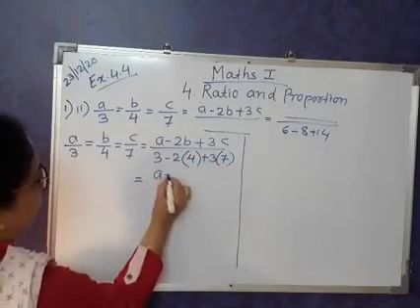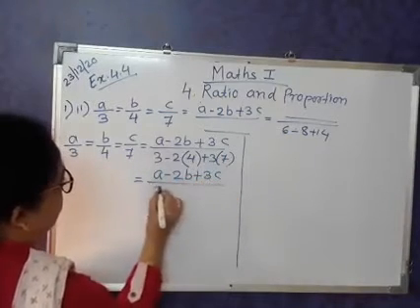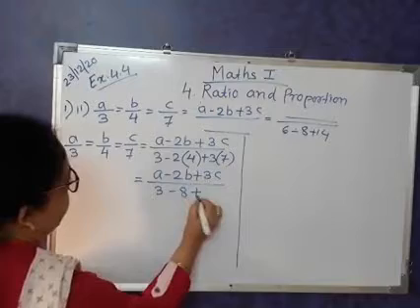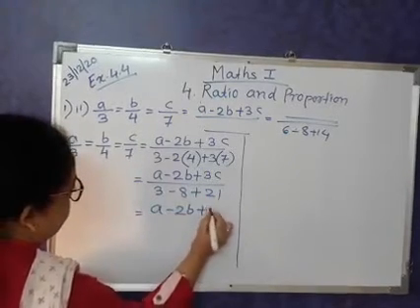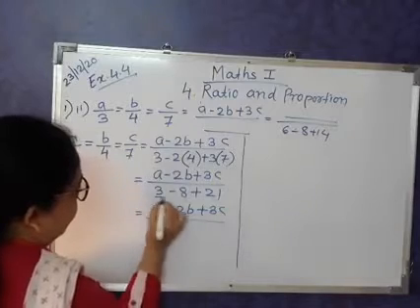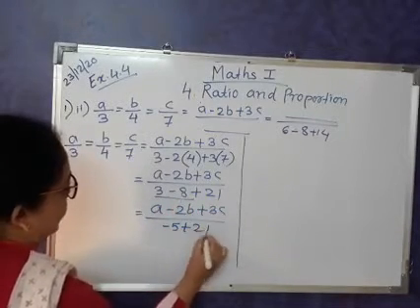So what we will get? a minus 2b plus 3c upon 3 minus 8 plus 21. So what we are getting here?